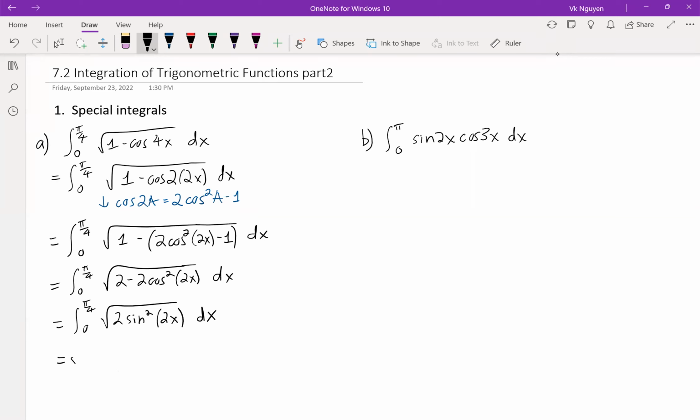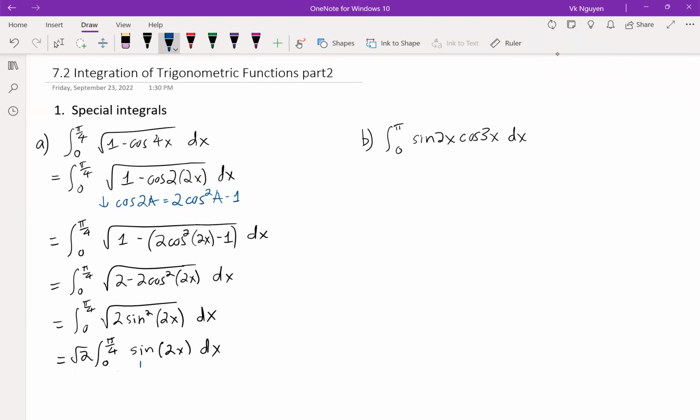We have root 2 on the outside, 0 to pi/4. Root of sine squared is sine. And we don't need the absolute value because the sine of 2x is positive from 0 to pi/4. Sine 2x dx.